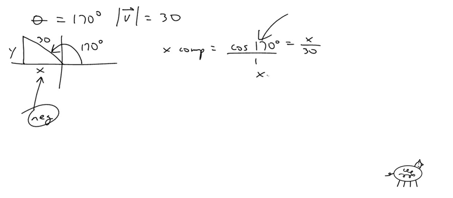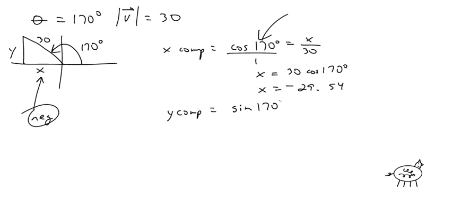All right, cross multiply. I get x equals 30 cosine of 170. So x comes out to be negative 29.54. Okay, and then of course the y component is sine of 170 equals y over 30. Cross multiply, I get y equals 30 sine of 170.